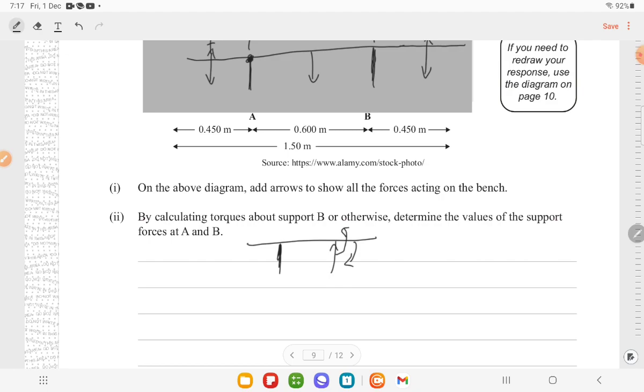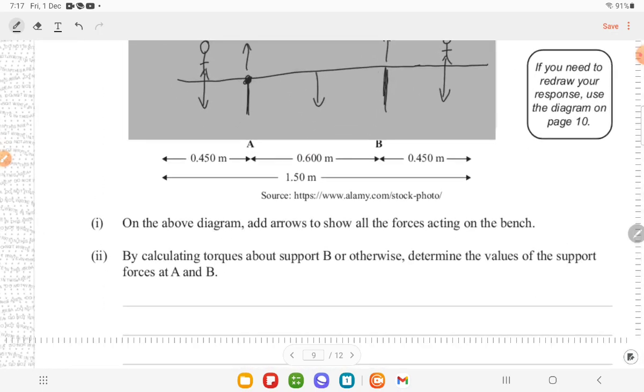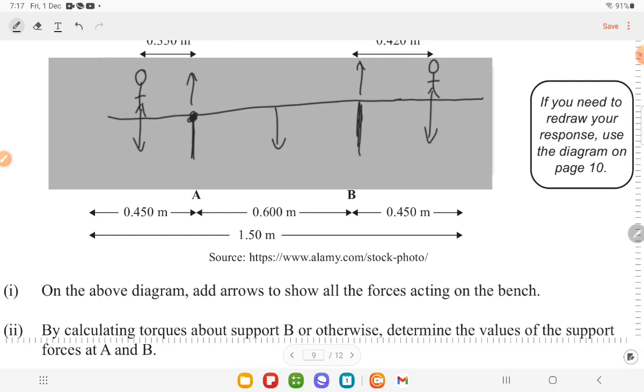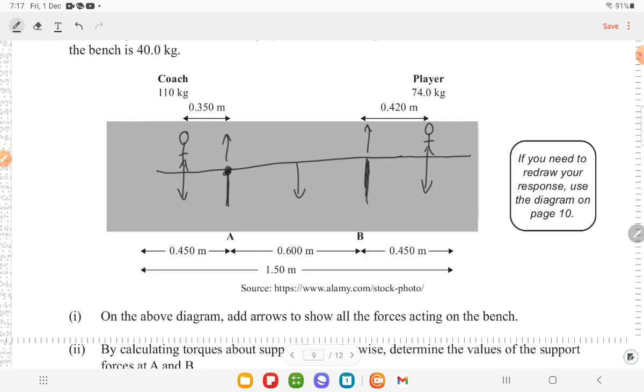Normally, if B didn't exist, this bench would fall clockwise, but this support is helping anti-clockwise. This bench and this player will be anti-clockwise, and this coach will be clockwise.